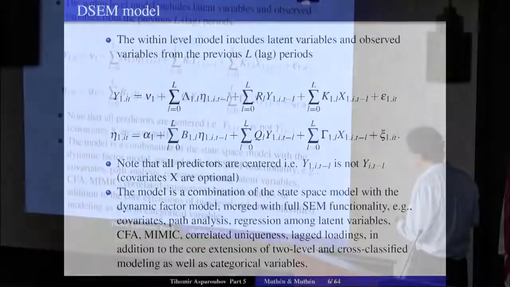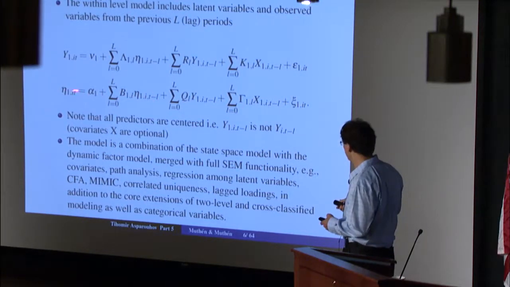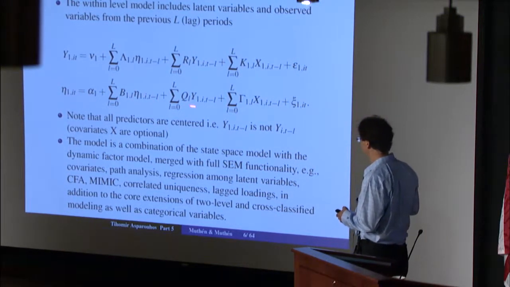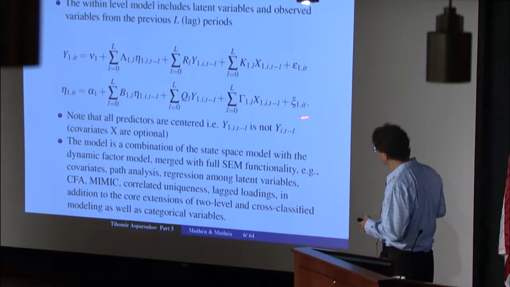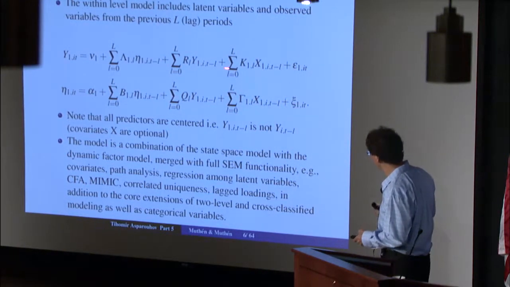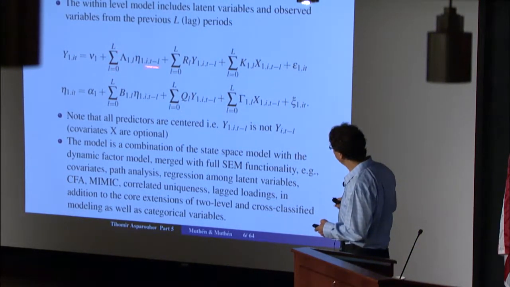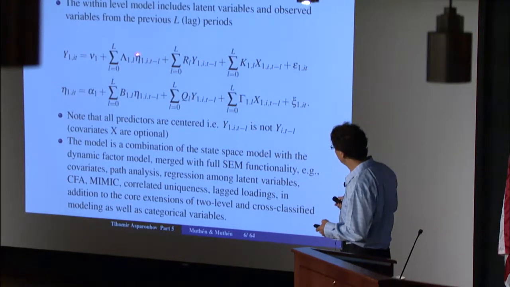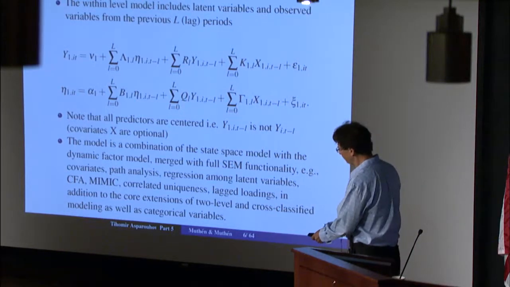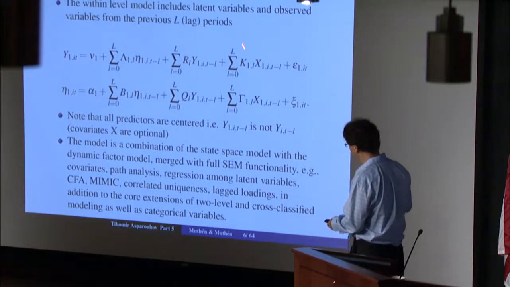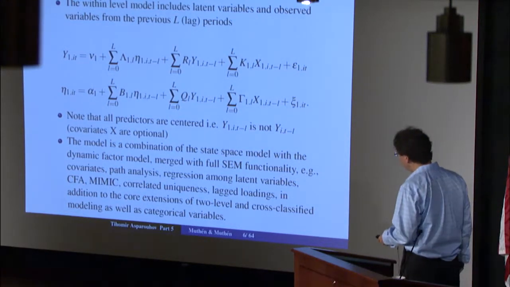You can also regress the dependent variable on other dependent variables and covariates. The main difference is the structural equation, which allows you to regress latent variables on other latent variables and also covariates. The main difference between this equation and the standard structural equation model is that we allow the right-hand side to include all latent variables from the current period, but also from the previous L periods, where L is the lag of the model.